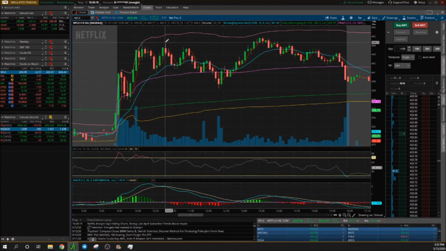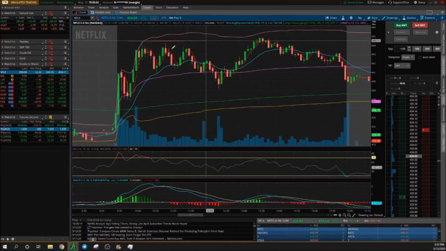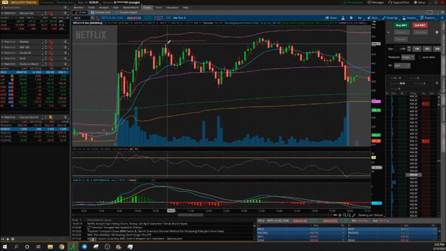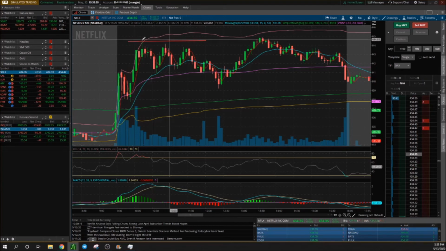And then if I see that we start to break above this point, right? I'm going to draw a line here. So when this gets up here or close to it, I lock in my profits, right? And now let's say I have 10% of my original position size to see what it's going to do. Well, if it breaks above this, then this resistance now becomes a new support level, right?